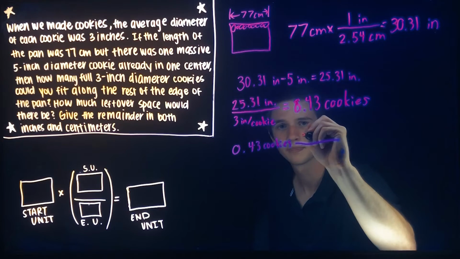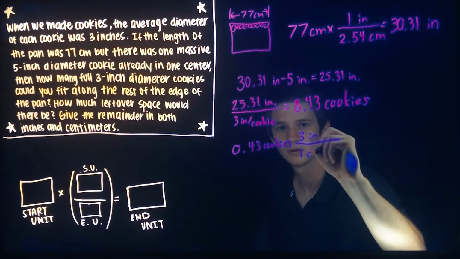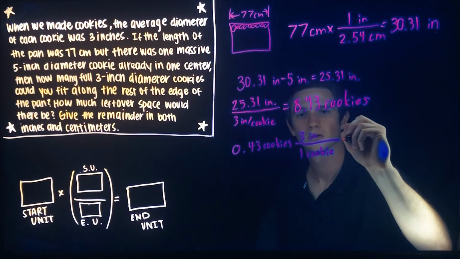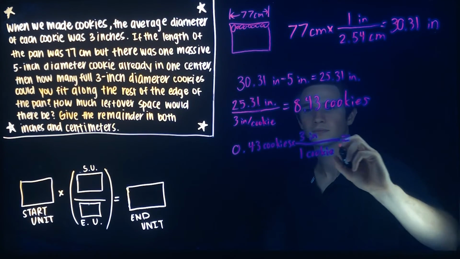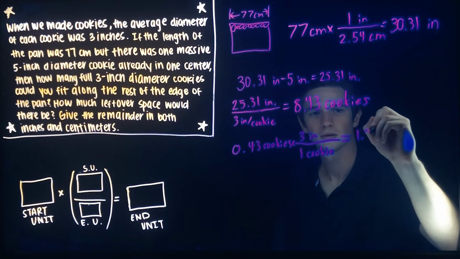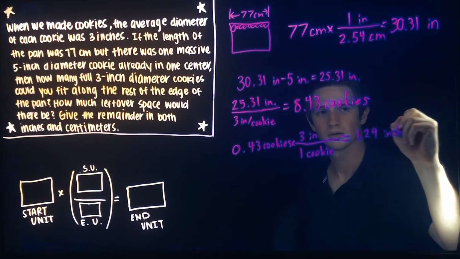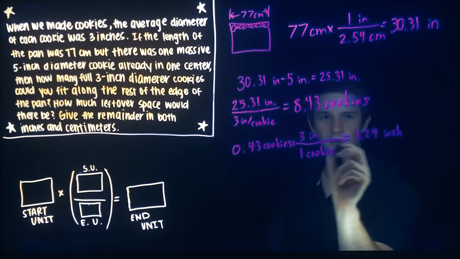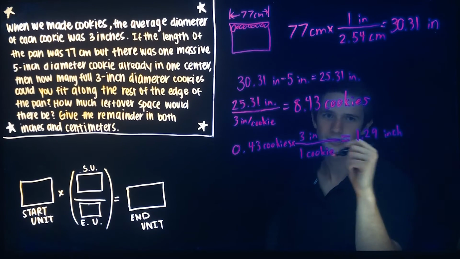We'll say there are 3 inches for 1 cookie. When we multiply that, we should get 1.29 inches, or approximately 1.3 inches.